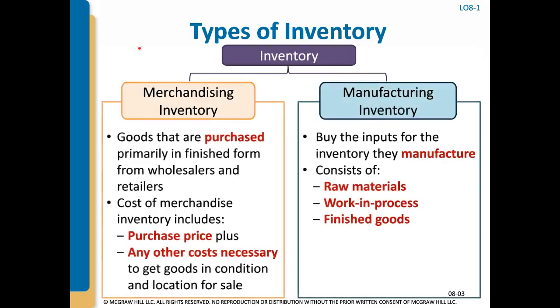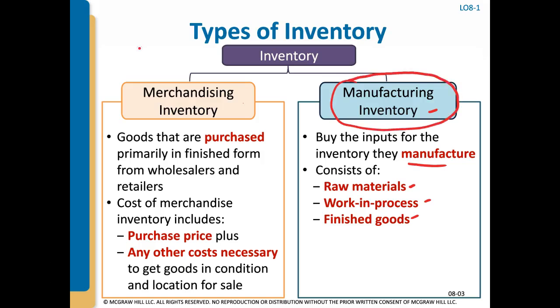There are two types of inventory: merchandising inventory and manufacturing inventory. Let's start with manufacturing. Manufacturing inventory are the inputs for inventory that get manufactured, and they consist of raw material, work in process, and finished goods. So this is inventory that are actually made.